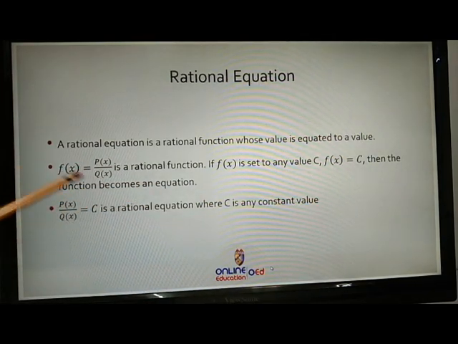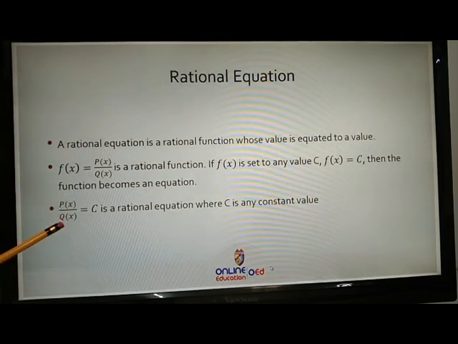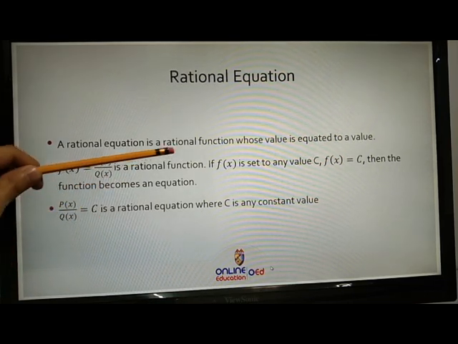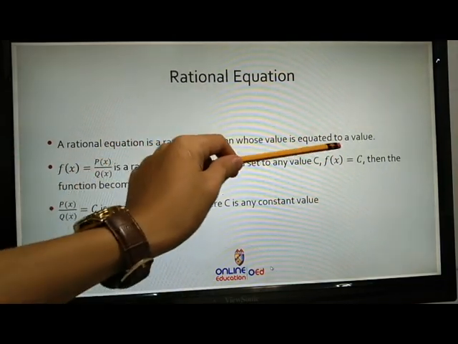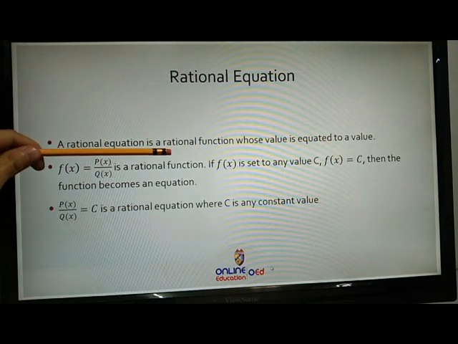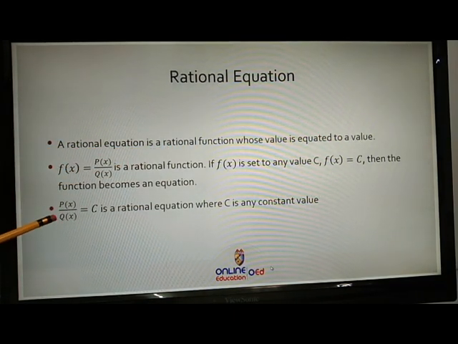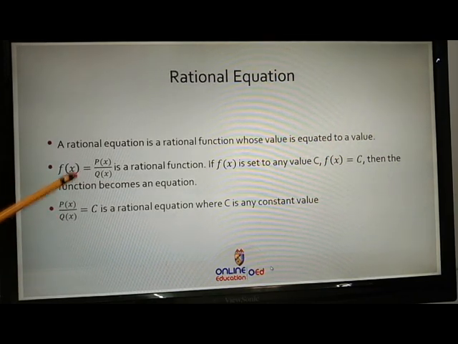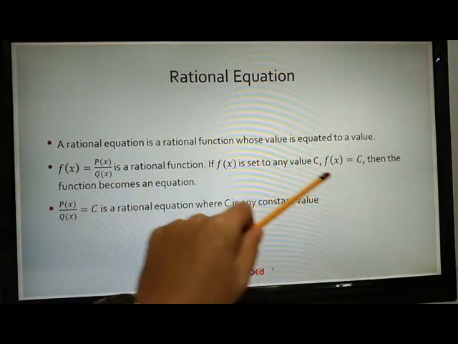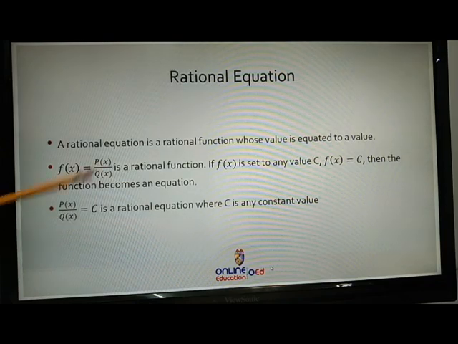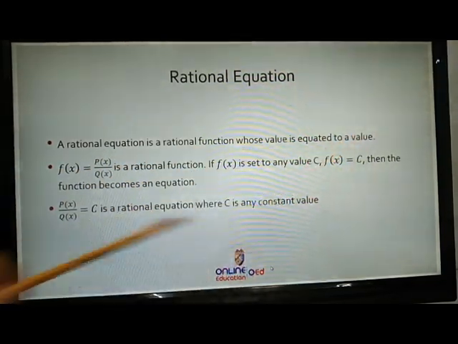Through this mathematical representation, p of x over q of x is equal to c. Remember, a rational function whose value is equated to a value. So that is the rational equation. p of x over q of x is a value of f of x, and c is also a value of f of x. So a value that is equated to a value.